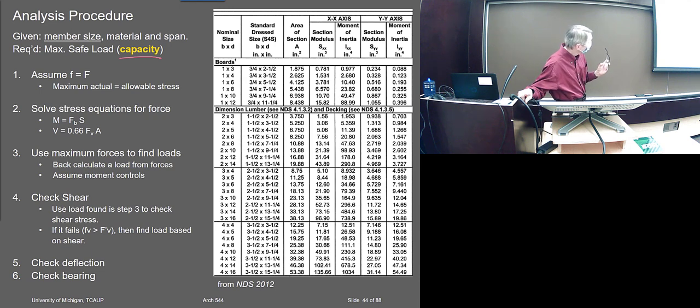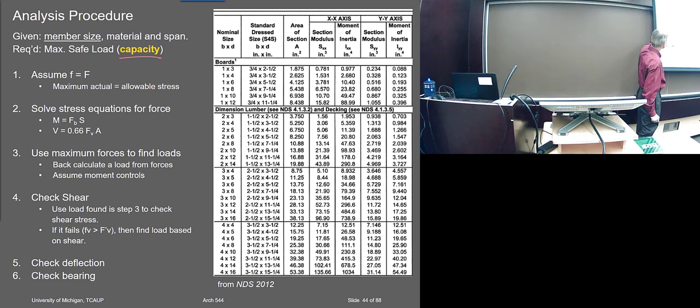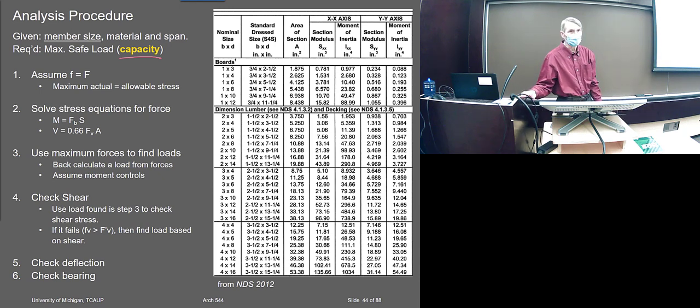Okay, so that's this example, and you normally would do that for moment, and then you check it for shear. So you assume the moment controls, and then you check it for shear, and usually the shear will pass, almost always. If you had a short span or a very heavy load, then maybe shear would control.